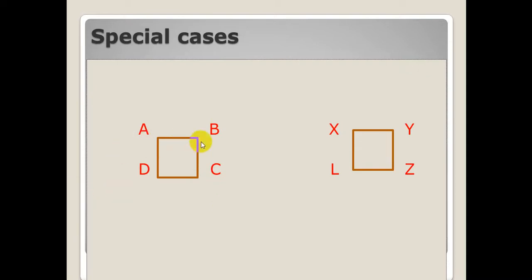If AB equals XY, then the two squares are congruent. Just one side? Yes, just one side gives me two congruent squares. We don't need the angles? No. In the square, we don't need the angles.